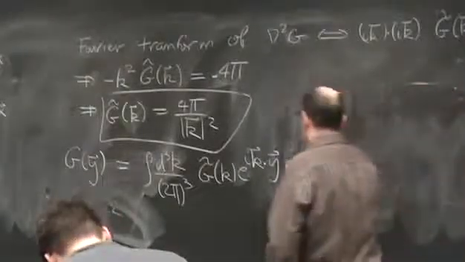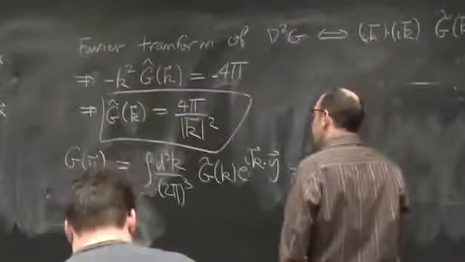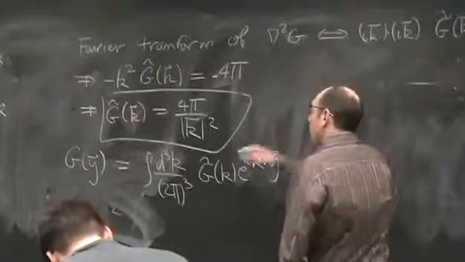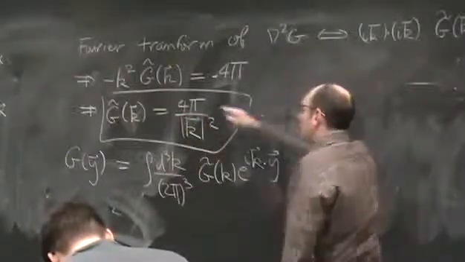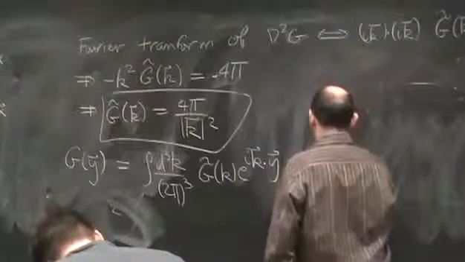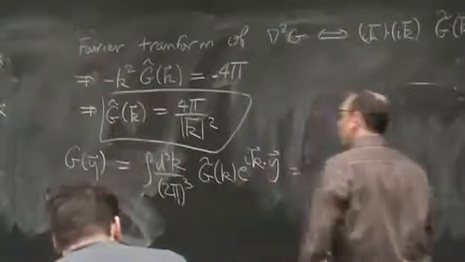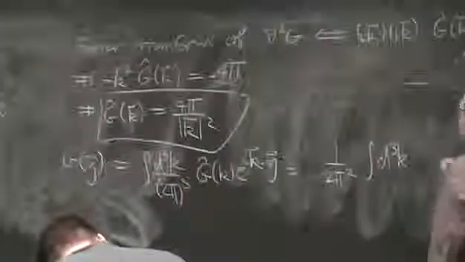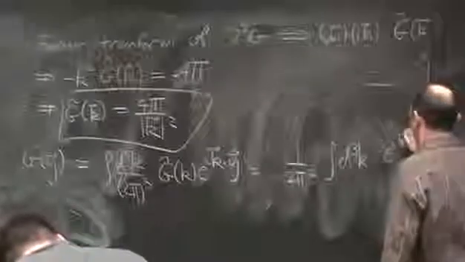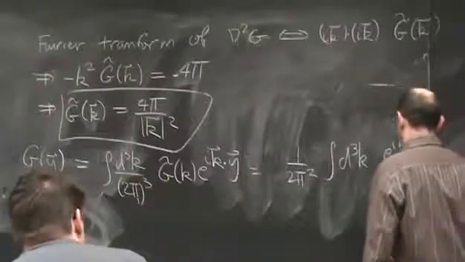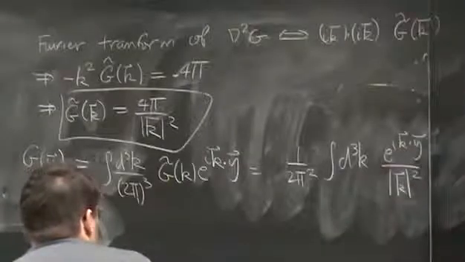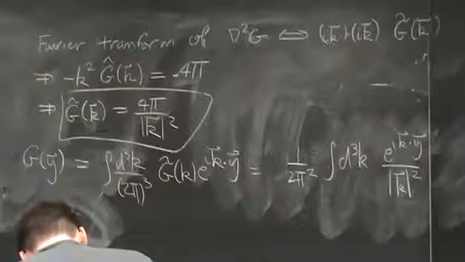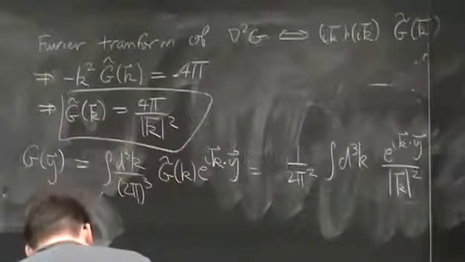Which is equal to 4 pi over (2 pi) cubed, which gives 1 over 2 pi squared, times the integral over 3 k vectors of e to the i k dot y over the magnitude of k squared. So that's the integral we've got to do.